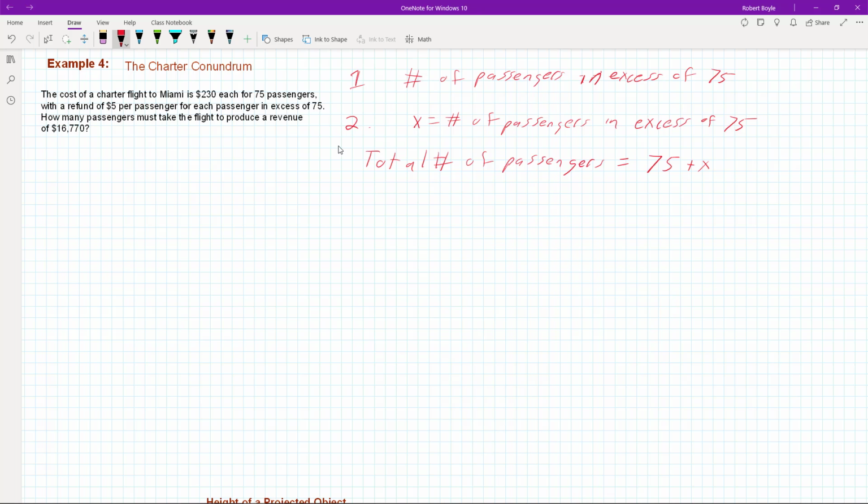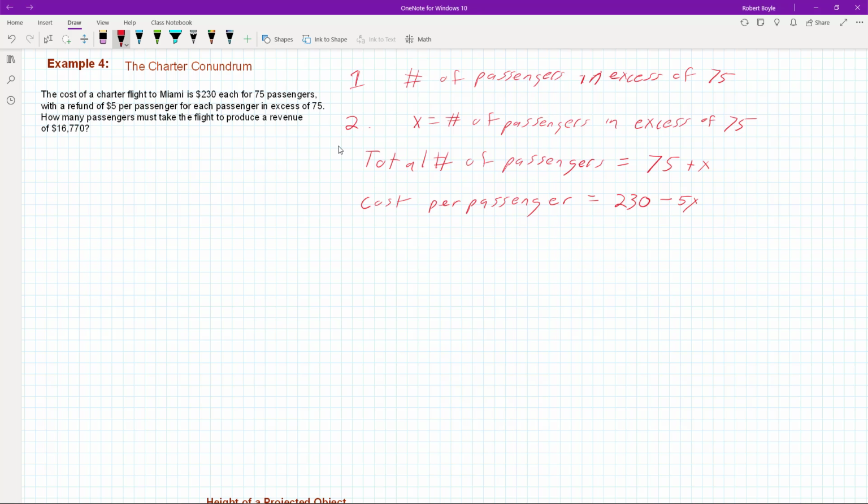The cost per passenger, and this right here is the crux of the problem, is going to be equal to $230, and for every passenger over 75, each passenger is going to get a refund of $5. And how would that look? That would be minus 5 times x.